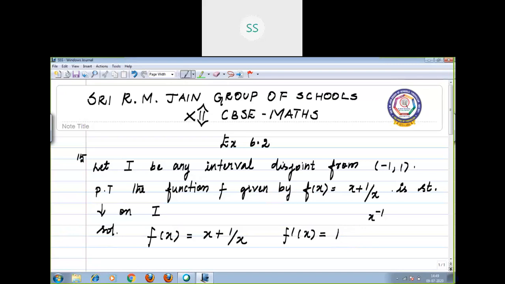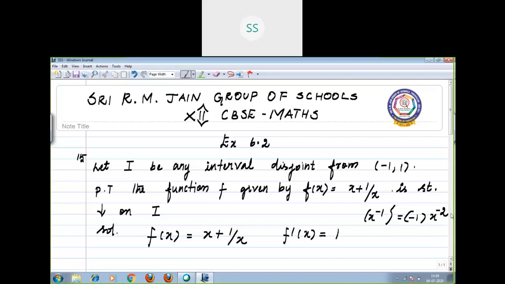Now you can apply the derivative of x power n, which is n into x power n minus 1. Here n is minus 1, so x power minus 1 minus 1, so directly I wrote minus 2.